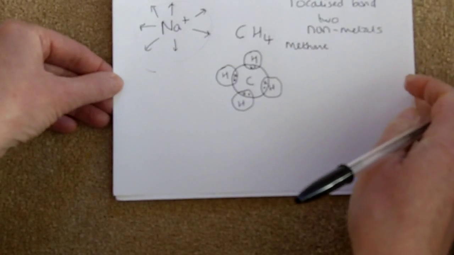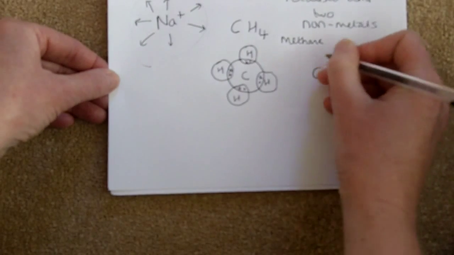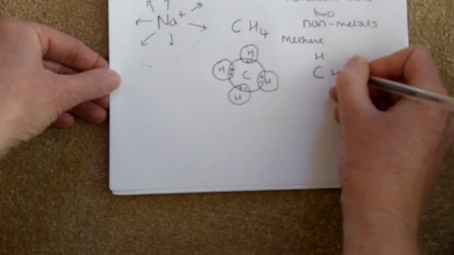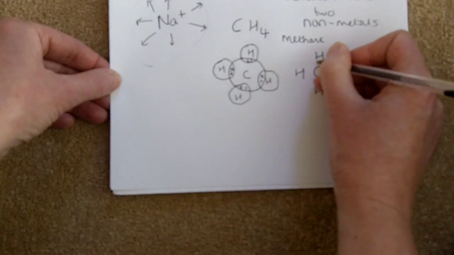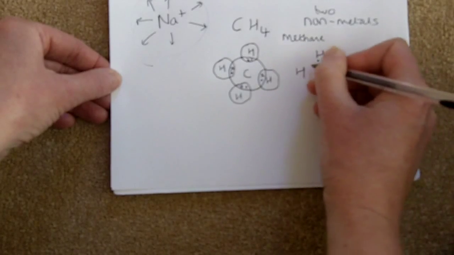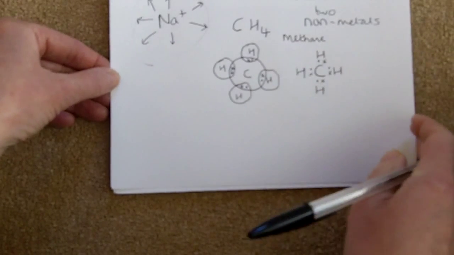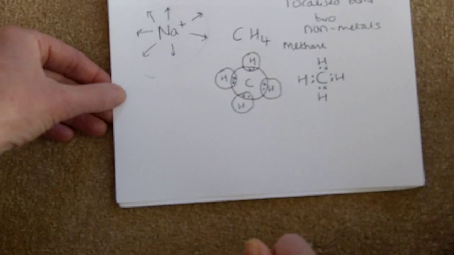Okay, another way, you don't have to do the circles if you don't want to. You could just simply go C, H, H. You've got to be careful when you're drawing this though. C, H, H. And then you put a dot cross, dot cross, dot cross, and dot cross like that. So that's another way to represent it. But you're only showing the outer electrons.